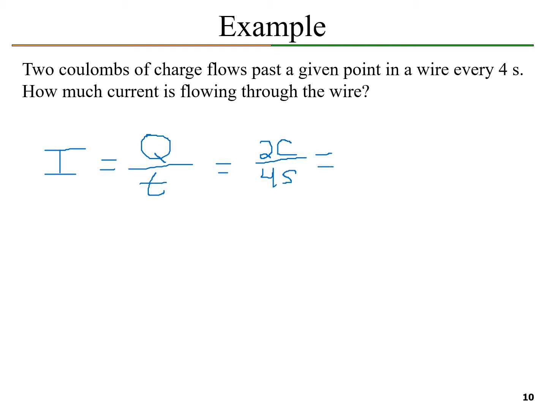Now don't leave your units in coulombs over second. A coulomb divided by a second is an amp. And 2 divided by 4 is 0.5. So the answer is 0.5 amps. So let me erase this.